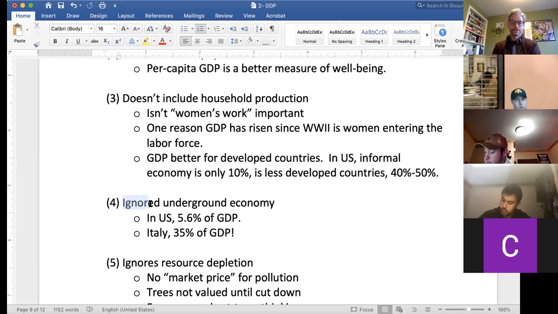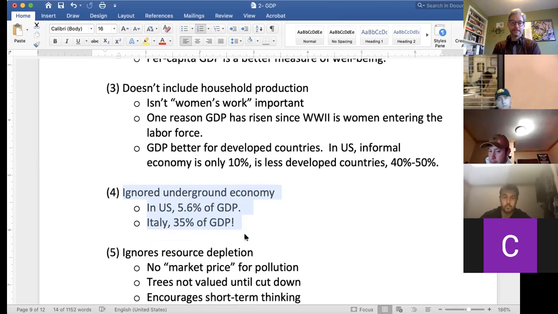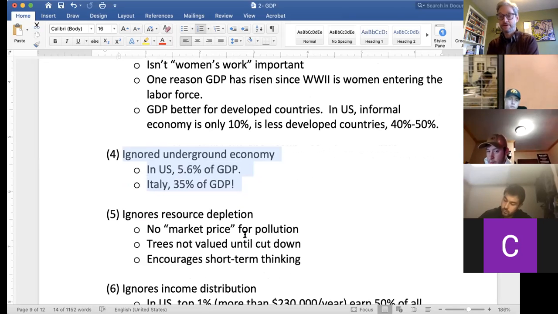Also, a lot of what's going on in countries is the underground economy, and here we mean the economy associated with illegal transactions. In the US, it's been estimated that illegal activity is about 5 to 6% of GDP. But in a country like Italy, it can be upwards of 35% or even more of GDP.